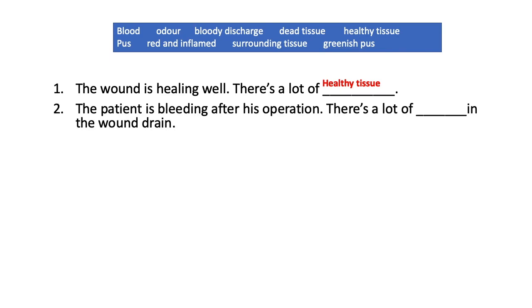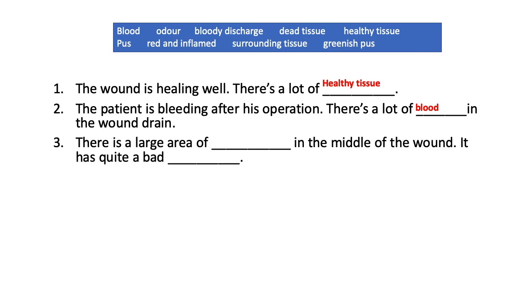Number 2, the patient is bleeding after his operation. There's a lot of blank in the wound drain. So in this case, we're saying the patient is bleeding. So there would be a lot of what in the wound drain? It would be blood, okay?